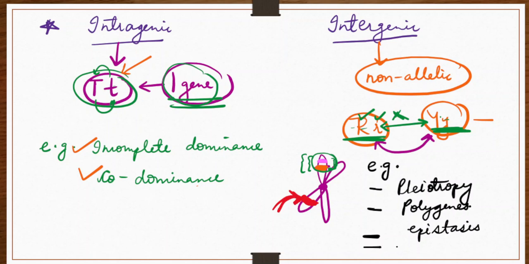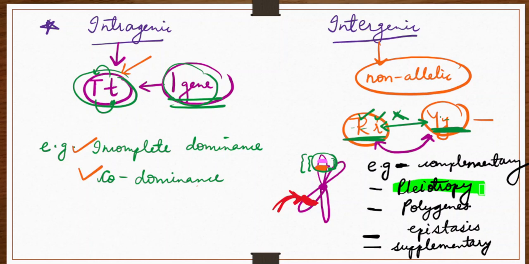Then you have supplementary genes and complementary gene interactions. Out of all these topics, your textbook mentions only pleiotropy. The rest they are not mentioning, so we are not going to speak about those.